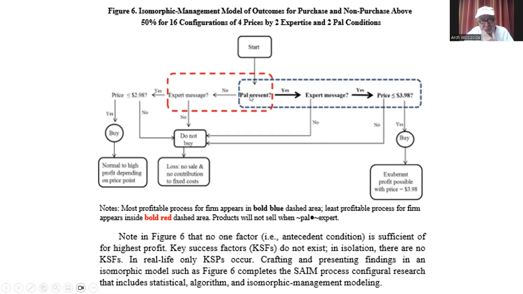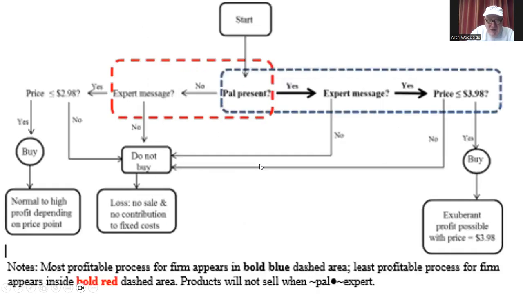But if the PAL is not present, you would still use the expertise condition, and you'd have to charge a lower price to ensure that a sale occurred. So managers can understand this quite readily, more so than just numbers on a page.